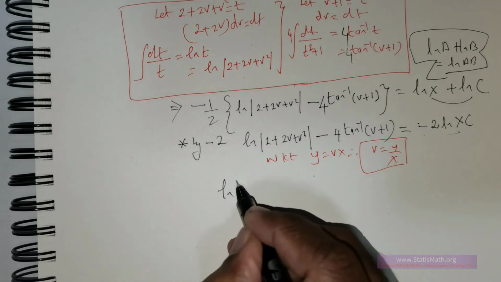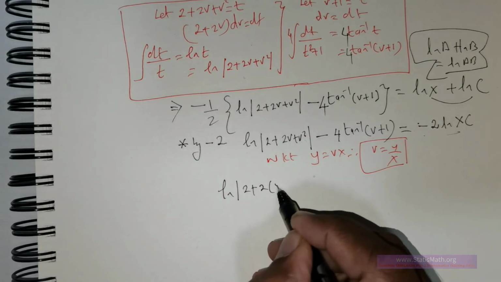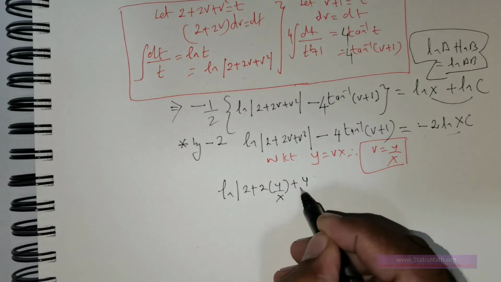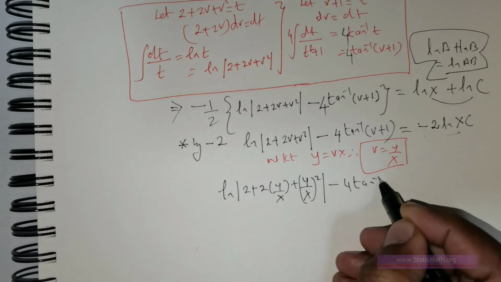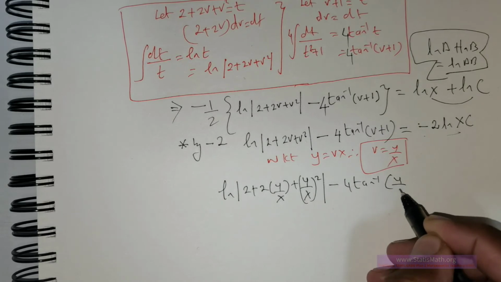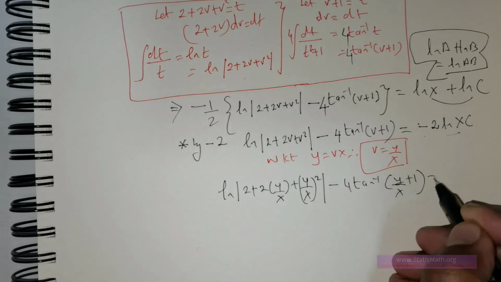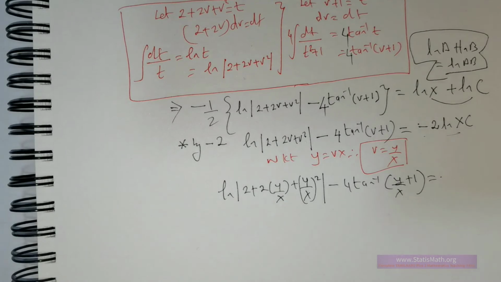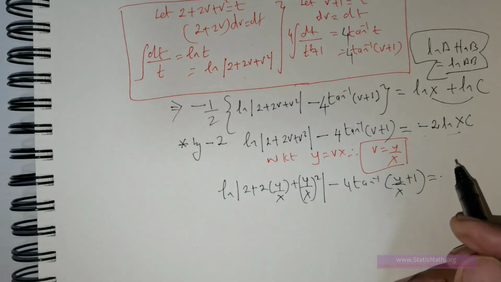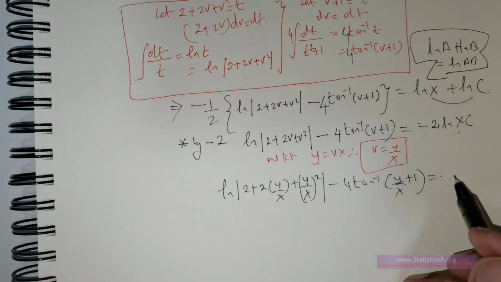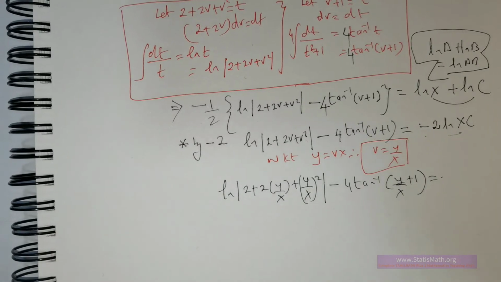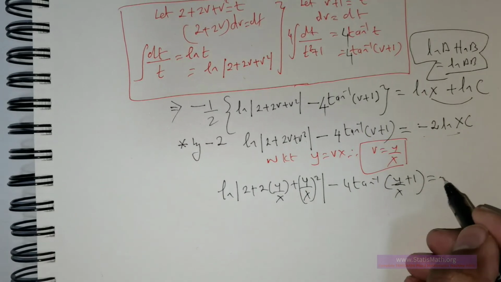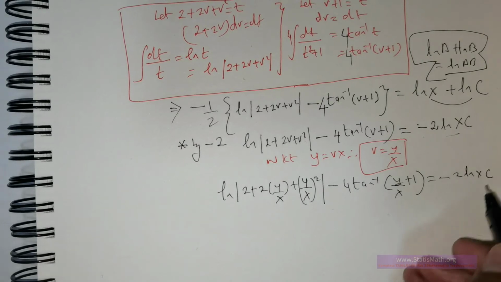So this is going to be ln of 2 times y over x plus (y over x) whole squared, minus 4 times tan inverse of y over x plus 1, is equal to, on the right, negative 2 times ln of xc.